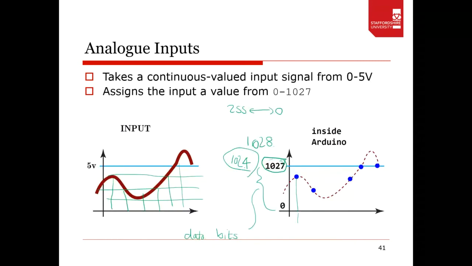It's the number of bits in the analog to digital converter on the Arduino. So it's 10 bits. This is a misprint. It should be 1024, or even 1023 because it starts from 0.